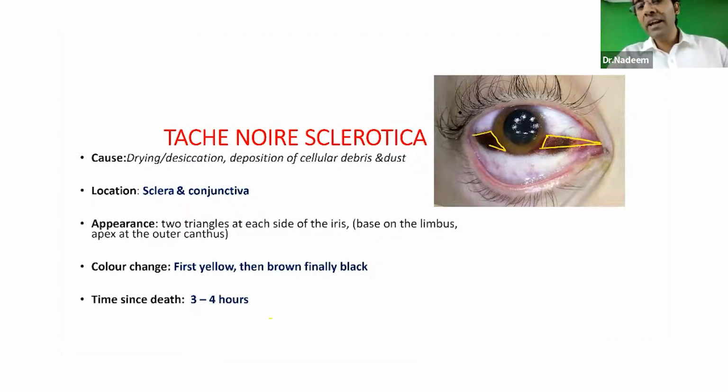This is called as tache noire sclerotique. This will be brownish black color. Whenever there is formation of tache noire sclerotique, time since death is approximately 3 to 4 hours.